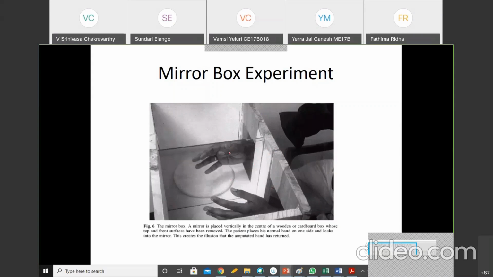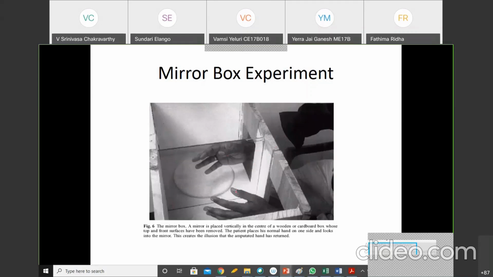So you can put both your hands in. In the case of the phantom limb subject, let us say the right hand is a phantom limb. The left hand goes into the left compartment, and the right hand doesn't exist, so nothing happens there. Now the mirror faces the left hand.